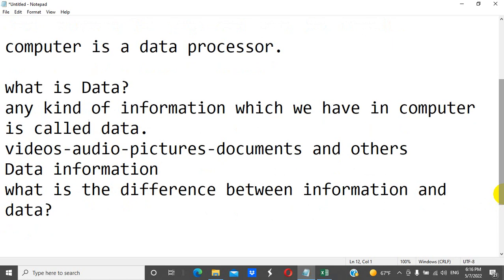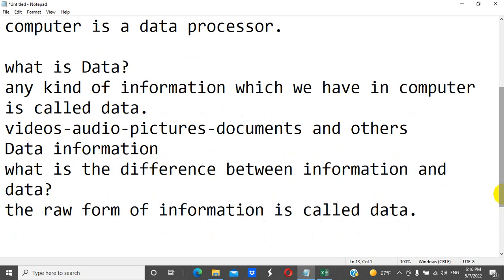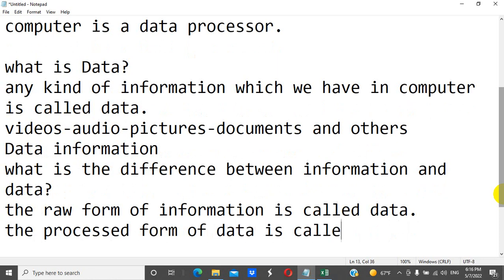We can say the raw form of information is called data, and the processed form of data is called information. We can say the files before processing are called data, and after processing they become information.